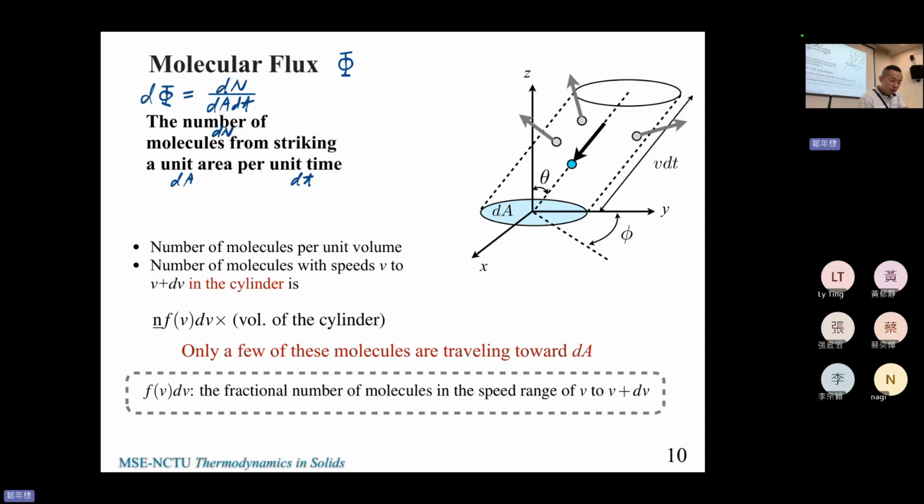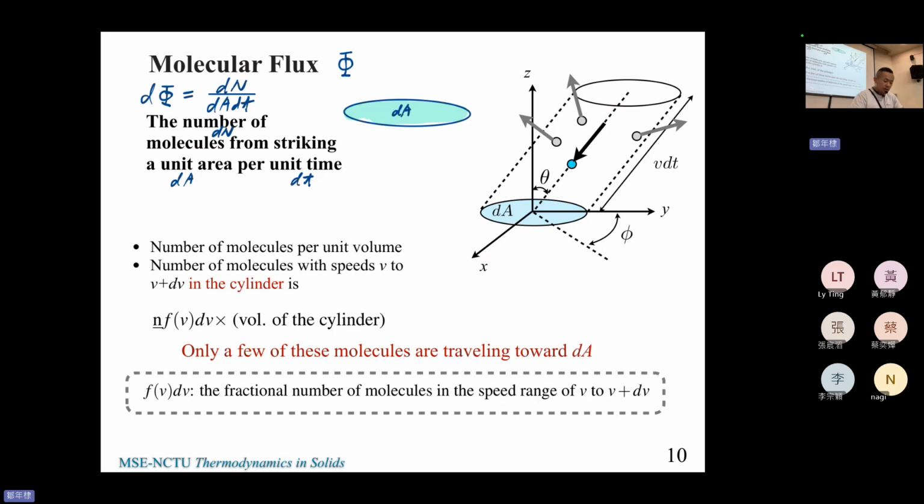So imagine that you have an area like this, dA.